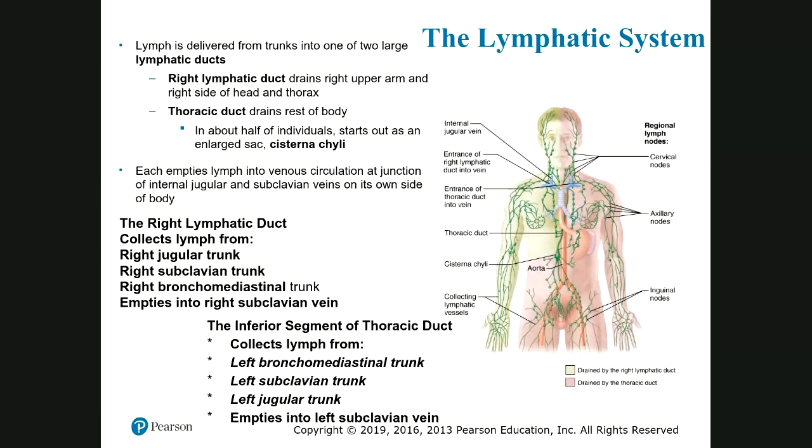So the thoracic duct drains the rest of the body: the left part of your head, left part of your neck, left lower appendage, and also both upper appendages, right and left, and the entire abdomen.